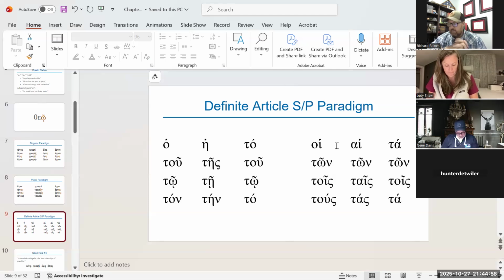The masculine nominative plural definite article, which is all translated the, is hoi. The feminine is hai, and the neuter is ta.